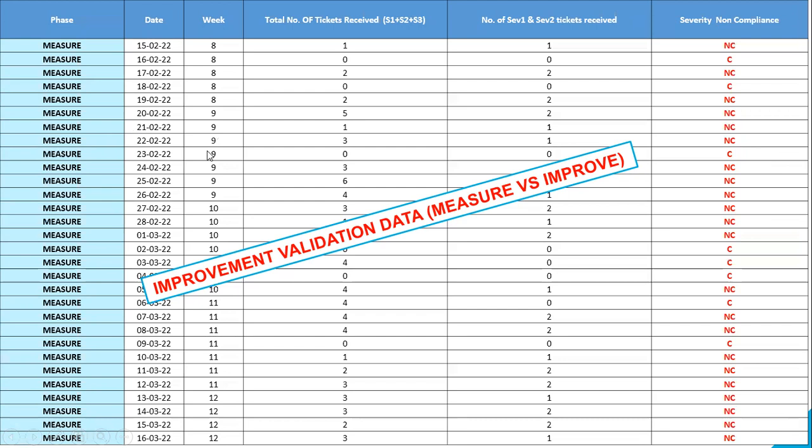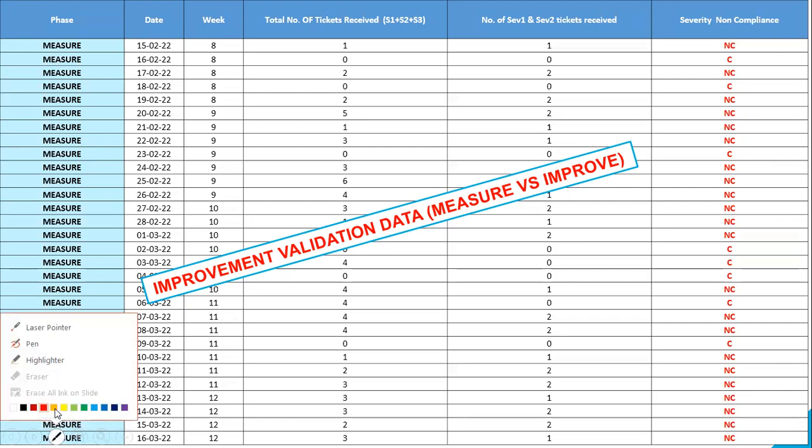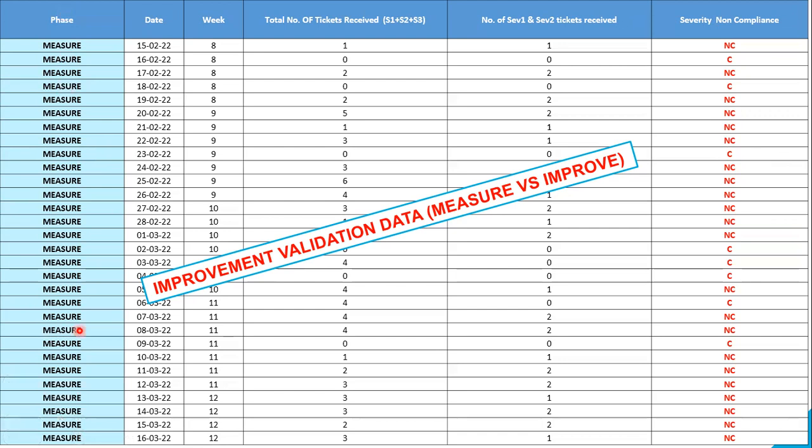So out of these two clubbed data sets, two important columns which we need for the two proportion test are this column, just a moment, let me use the pointer, this column for both measure and improve, and then the severity non-compliance column, right?